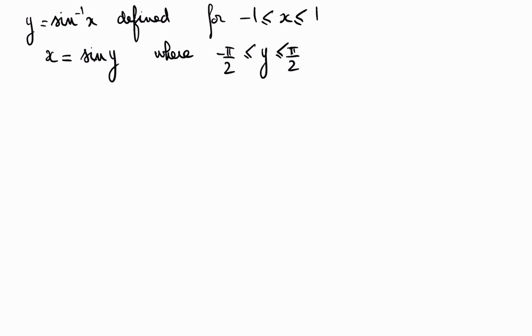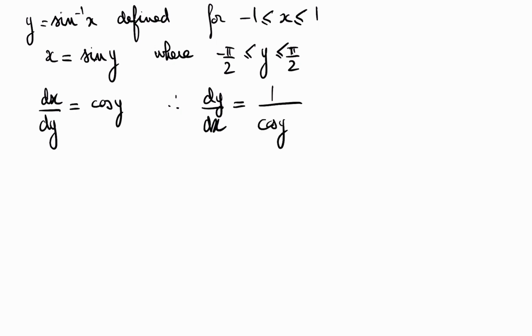Okay, so dx over dy is equal to, well, the derivative of sine is cosine, so cosine y. And so therefore, using what I've done above, dy over dx is equal to 1 over cosine y.